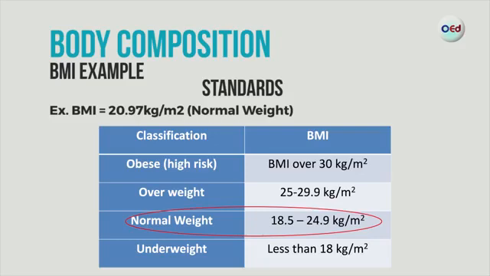This simply means that currently, this person is in the normal weight category in reference to the standards. For this reason, he is not prone to health-related diseases associated with body fat. How about your results? Where do you fall from these classifications? Are you obese? Overweight? Do you have a normal weight, or maybe you are underweight?